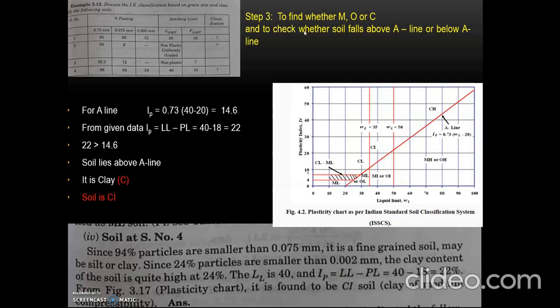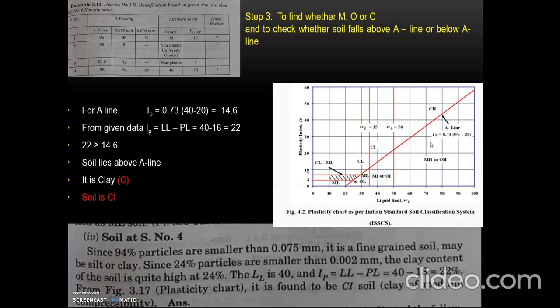Now in this step, we will check whether it is silt, organic matter or clay. That means we have to check whether the soil falls above the A line or below the A line. To find this out, we determine IP for the A line and IP for the soil, based on the given values of liquid limit and plastic limit.